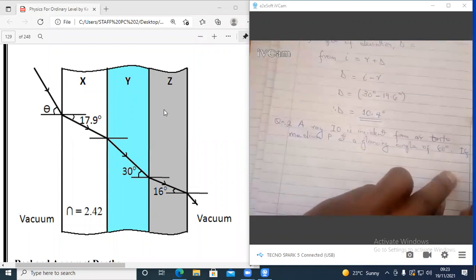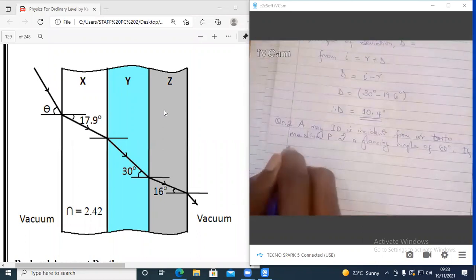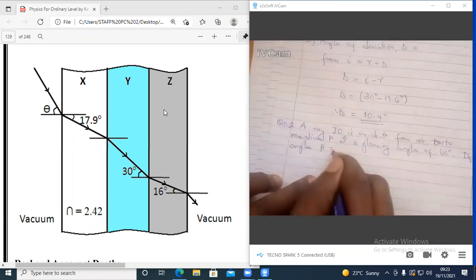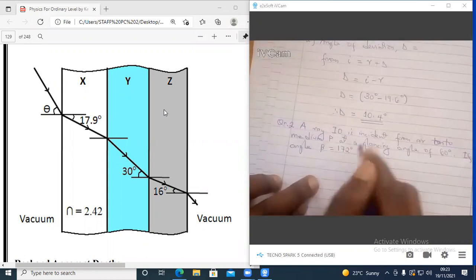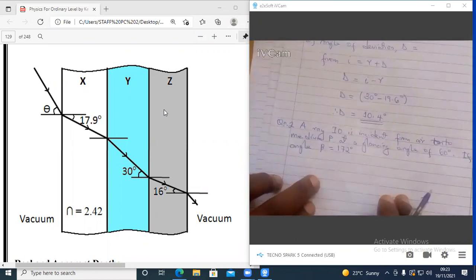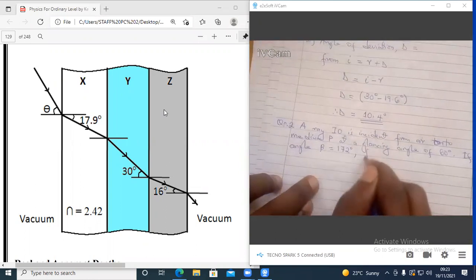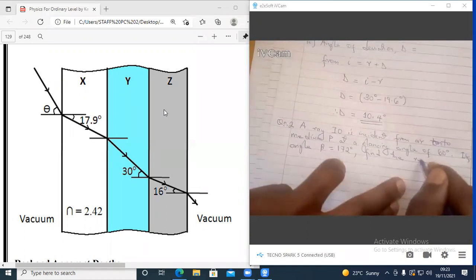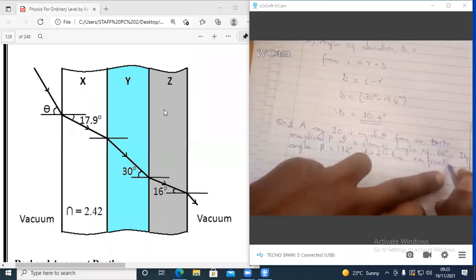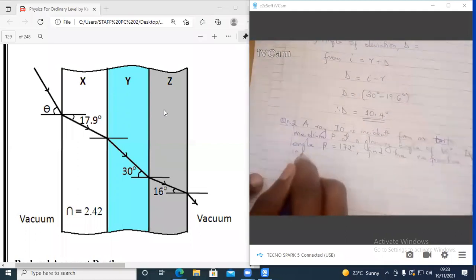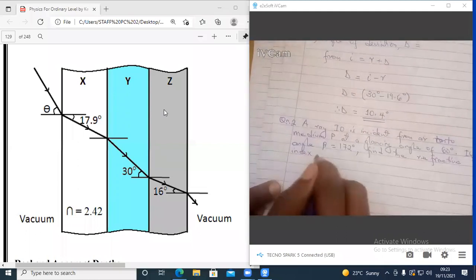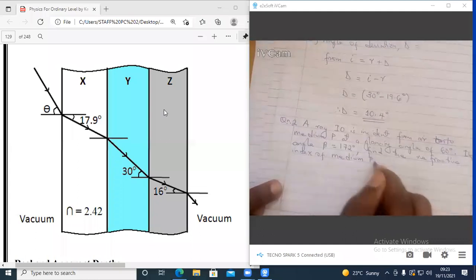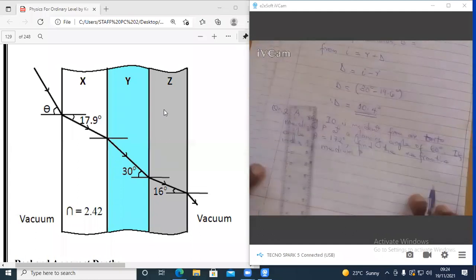If angle beta is 172 degrees, comma, find the refractive index of medium P. That's what they want. So the figure is here.